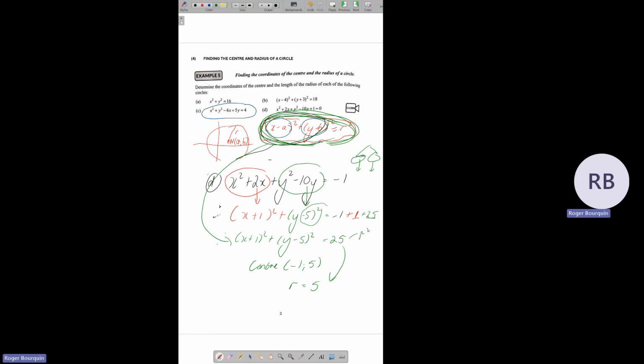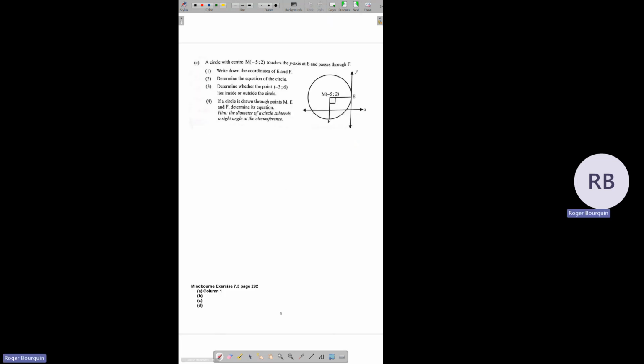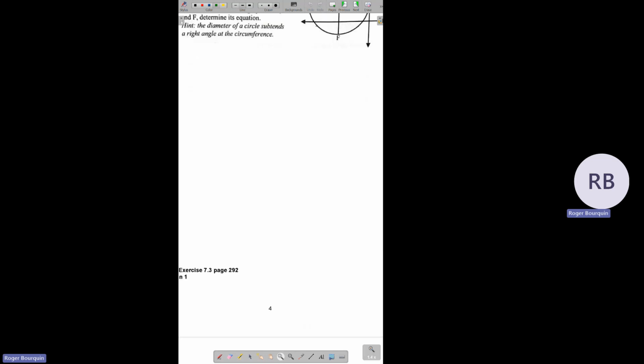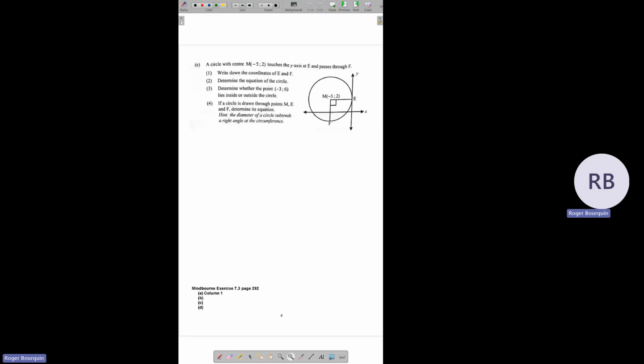Righty. Next page. Right, so it says here, a circle with center M (-5, 2) touches the y-axis at E. Now remember, if something touches the y-axis, it's a tangent.